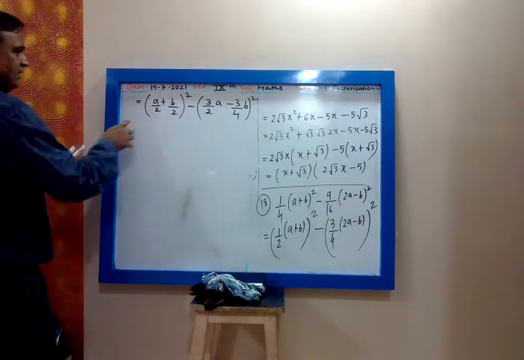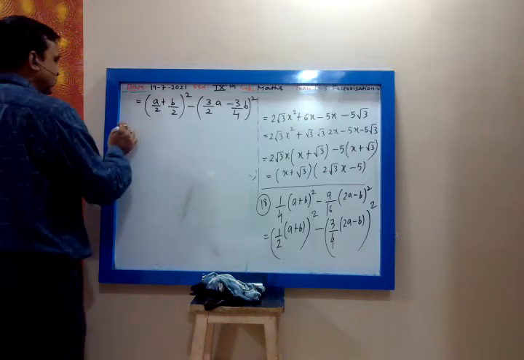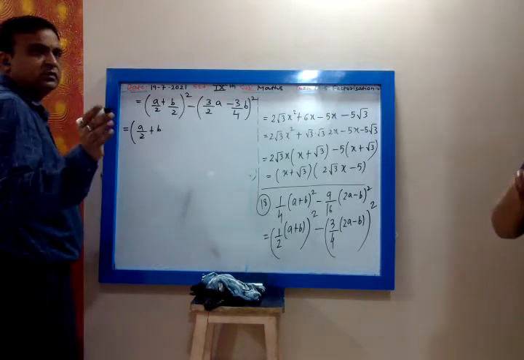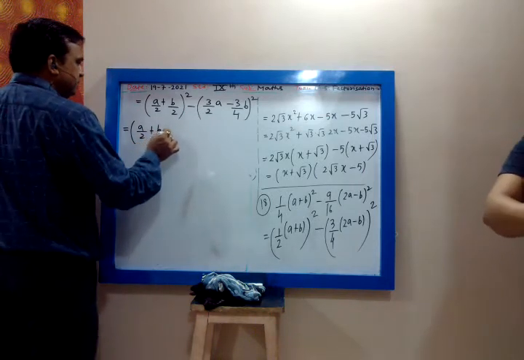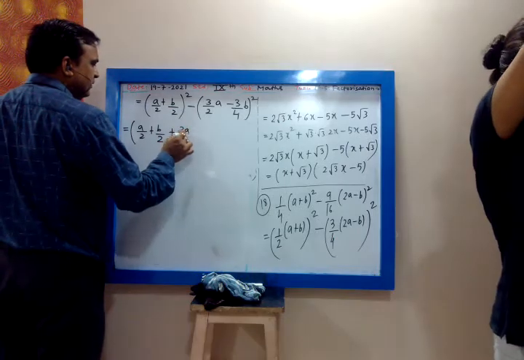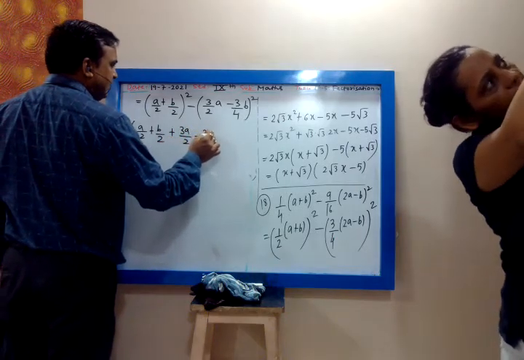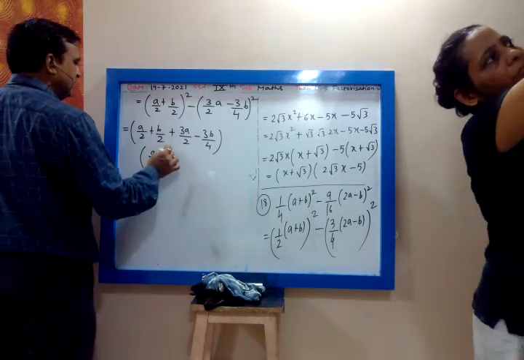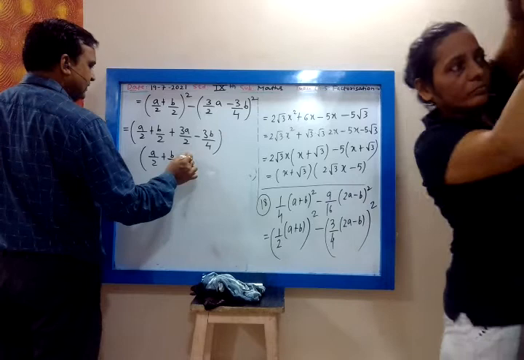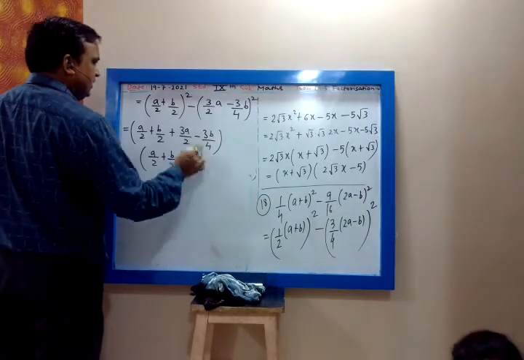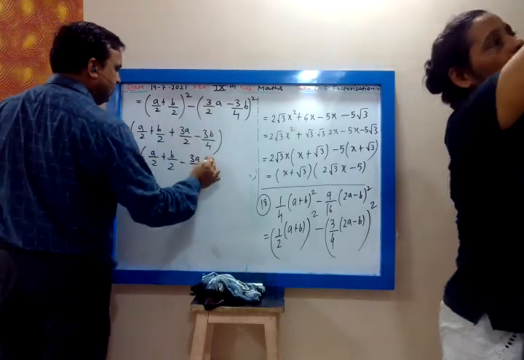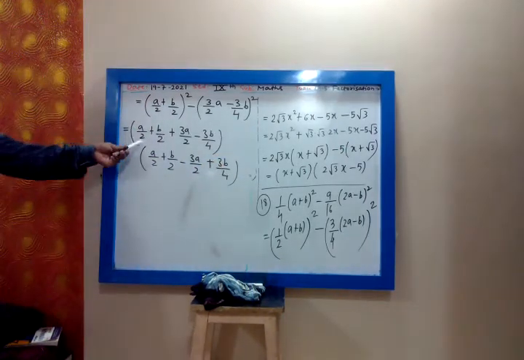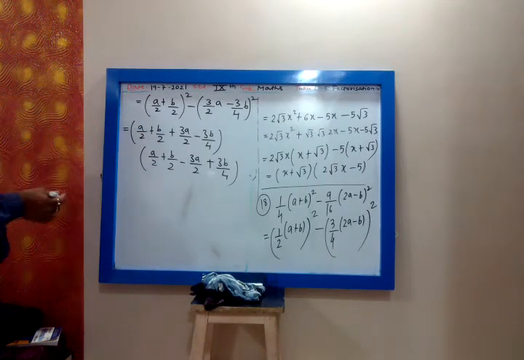So this will be now a square minus b square, a plus b into a minus b. So that is (a by 2 plus b by 2 plus 3a by 2 minus 3b by 4) into (a by 2 plus b by 2 minus 3a by 2 plus 3b by 4). Now a by 2 and 3a by 2 you can add.